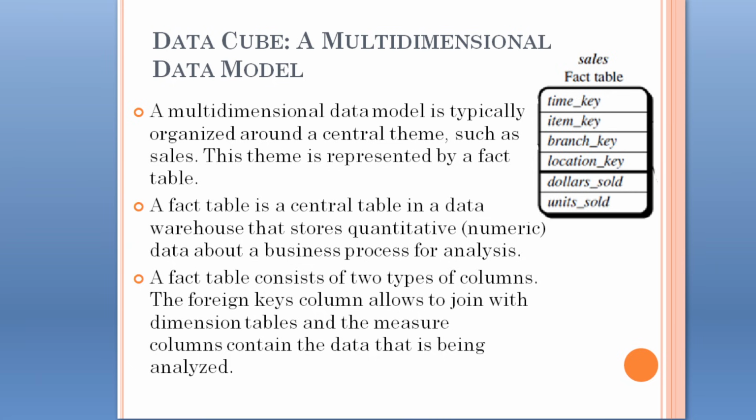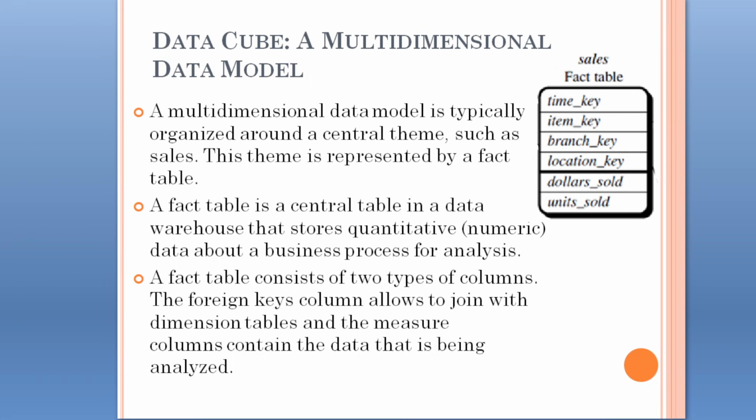Next is the fact table. Apart from dimension tables, we require fact tables because when we represent data using a multi-dimensional model, the data is organized around a central theme such as sales. This theme is represented by a fact table. Facts are numeric measures.